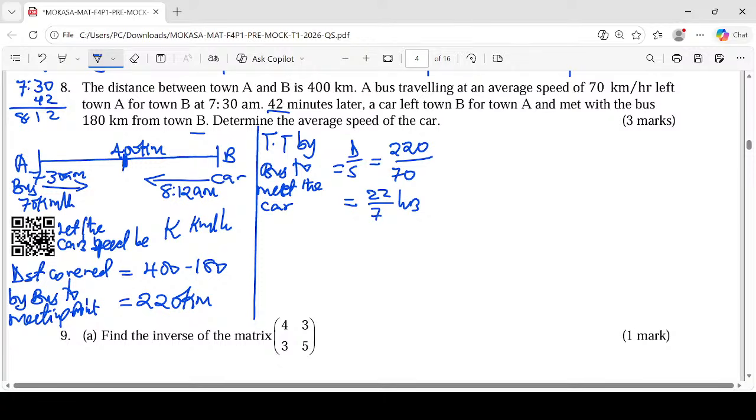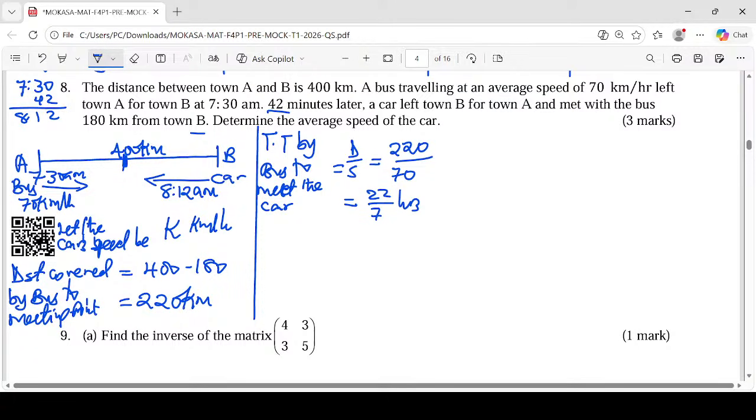Let's also get it this way. We are being told that 42 minutes later, a car left town B. So because the bus traveled for 22 over 7 hours, the car had a delay of 42 minutes.